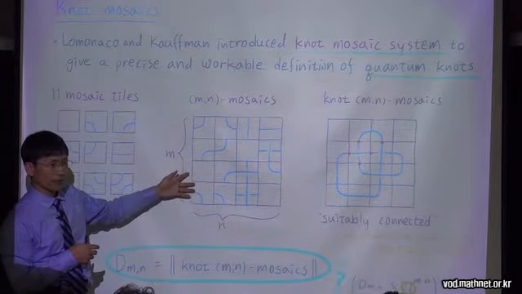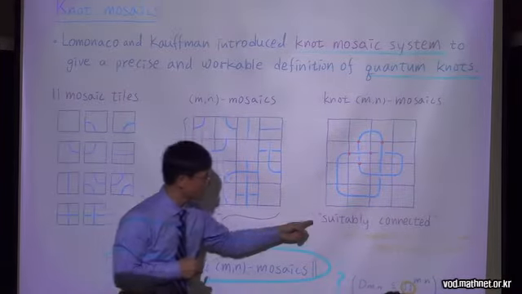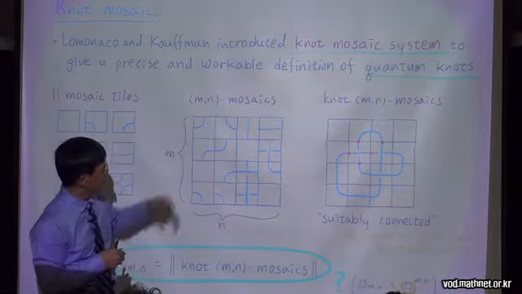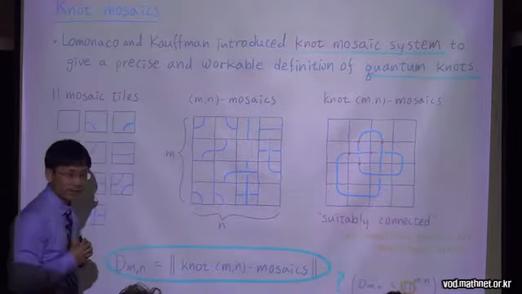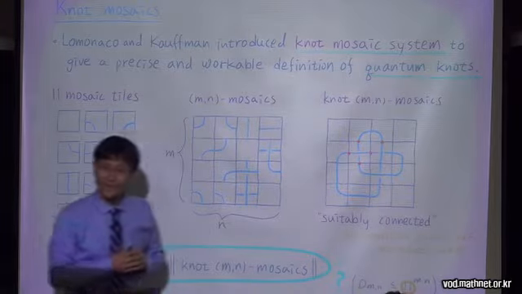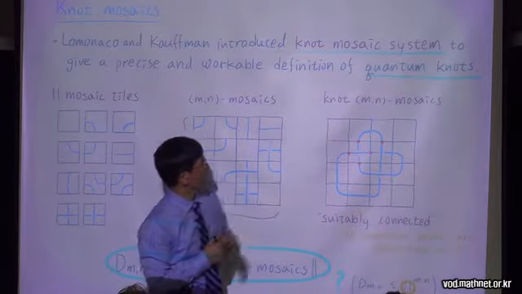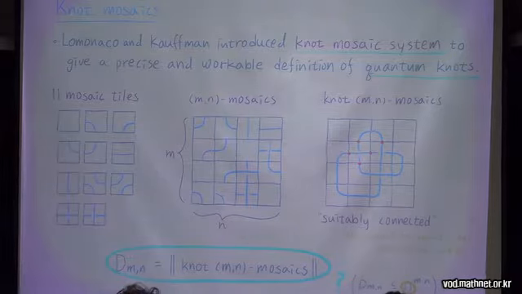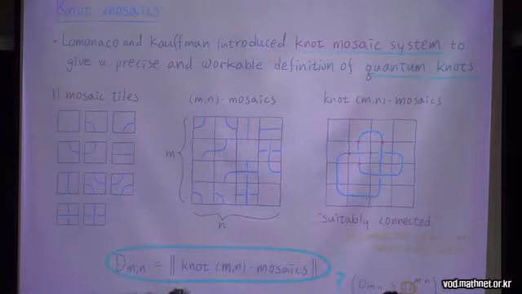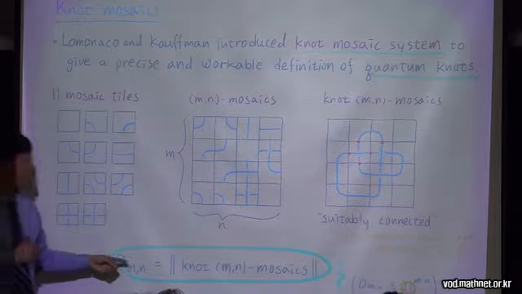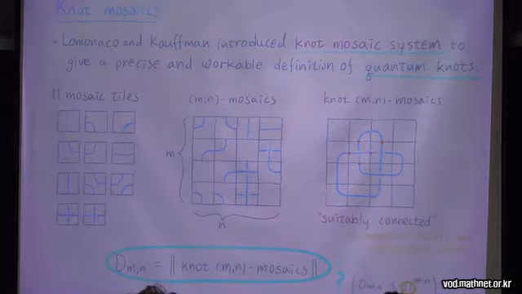An m by n mosaic is an m by n matrix, and each entry is one of these mosaic tiles. This has no meaning by itself, but if you put another restriction called suitably connected, which means the endpoints of the arcs are all matched up, then we get a nice diagram of a knot. So if you put the condition, then we get knot m by n mosaics. And in the theory of knot mosaics, one of the big problems is how many knot mosaics there are of a fixed size.